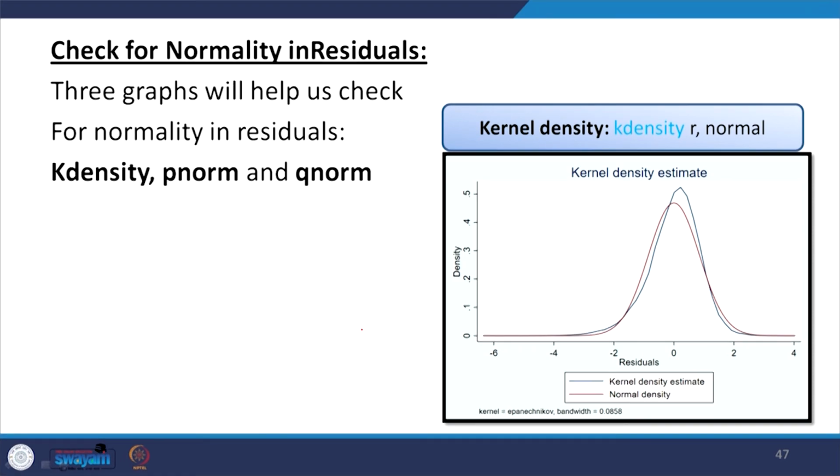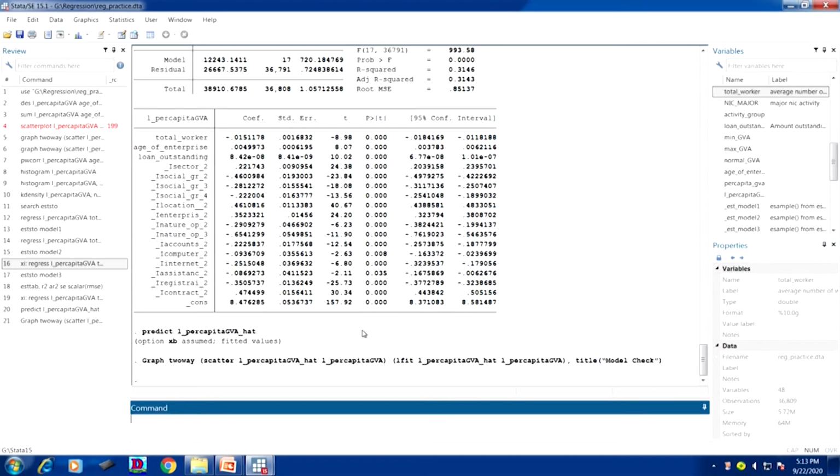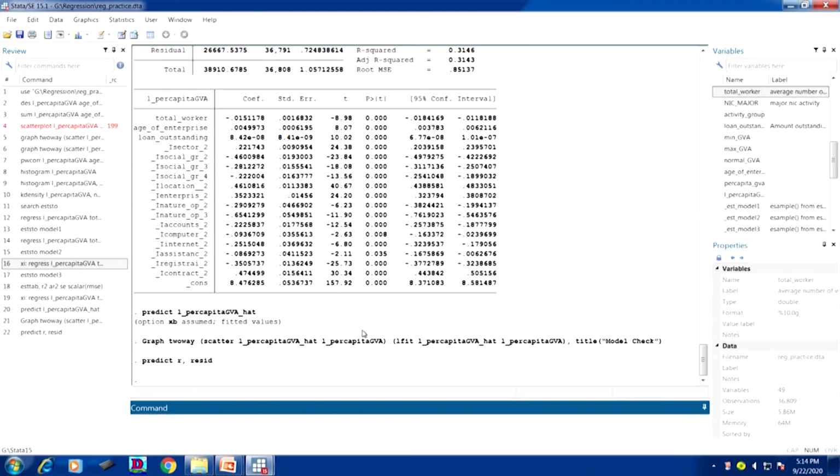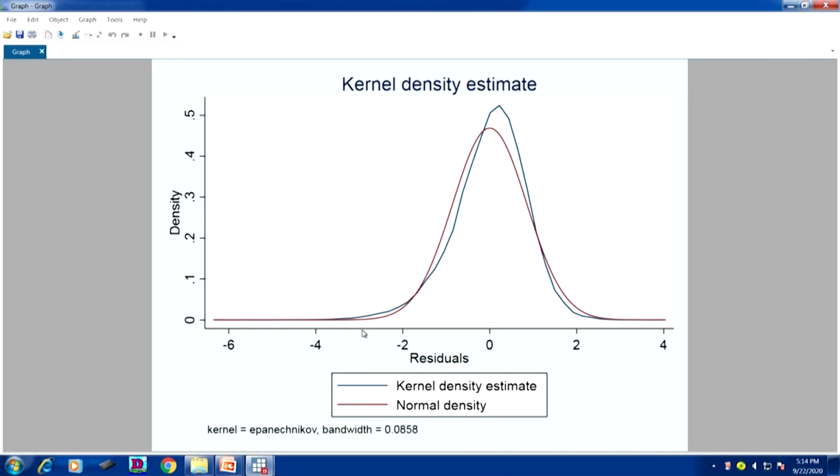Now, for the kernel density, I think we need to have the regression first, and the predicted values of the residual term. Then we can find out the kernel density and the normality of that diagram. Okay. This is what we wanted to show here.